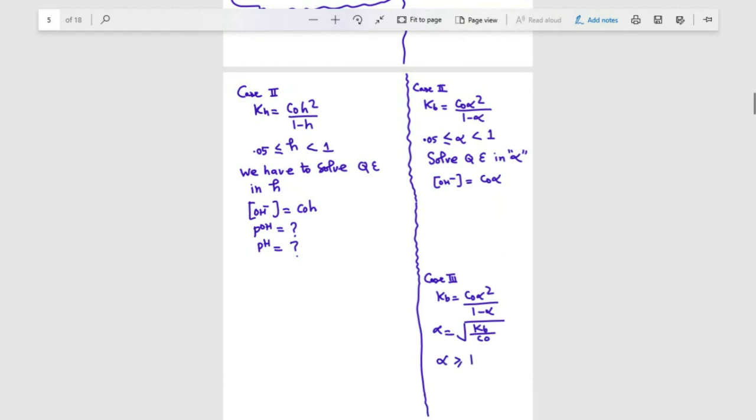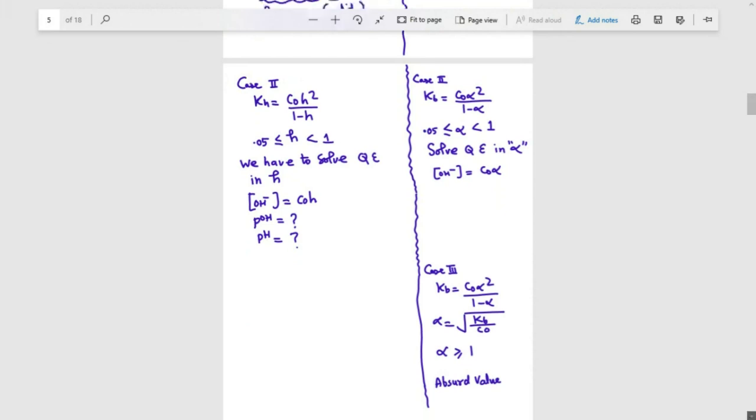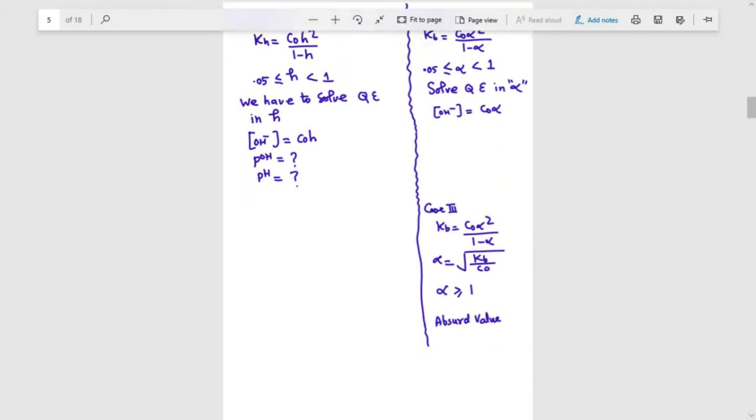So we are saying that this is an absurd value, that cannot be possible. Alpha cannot be greater than 1. So what does it mean? If the value of alpha is equal to 1, it means that the weak base is behaving like a strong base.